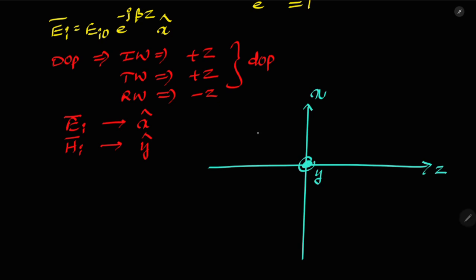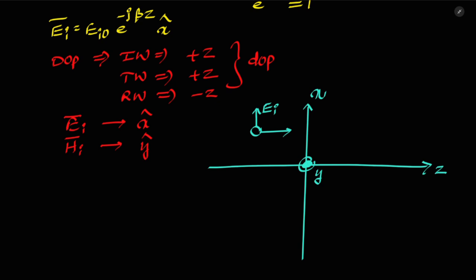Now the incident wave is moving in the positive z direction, and the electric field is oriented in the positive x direction, so I take the incident electric field in the x direction. Using your right hand three fingers, thumb, forefinger and middle finger, you can estimate the direction of the magnetic field.